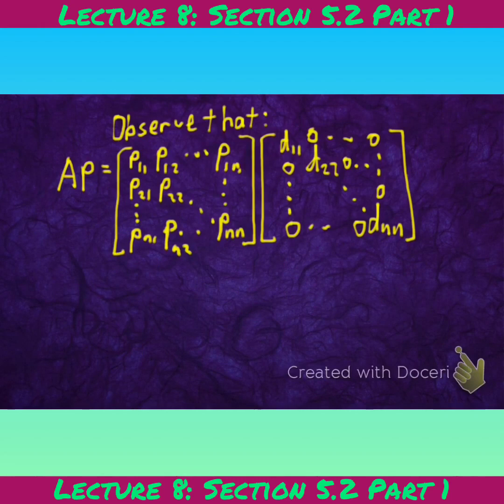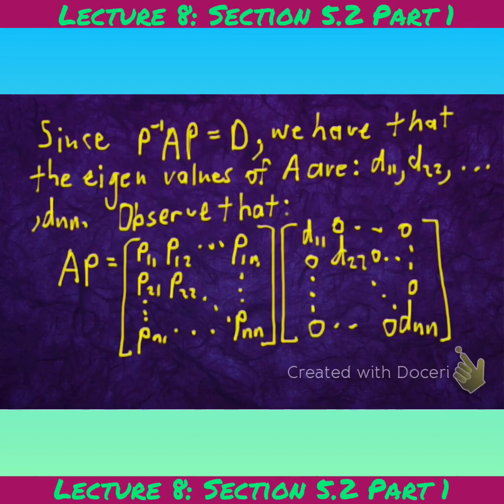Now let's make another observation. If we take A and we multiply A with the first column of P, so we multiply it with that column vector, that is going to give us the first column vector of this product. It's going to be the same as the first column vector of that product there.